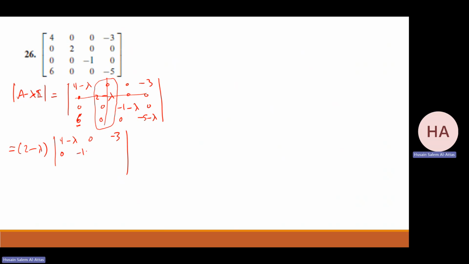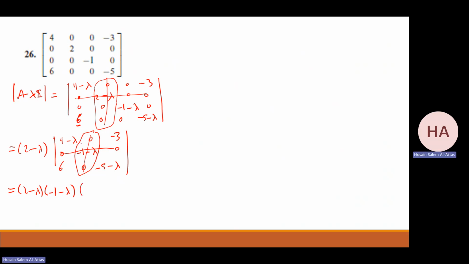I have 0, minus 1 minus lambda, 0, 6, 0, minus 5 minus lambda. Now we'll do the same thing. We'll do the second column also. I have 2 minus lambda, minus 1 minus lambda. Cancel this with this.